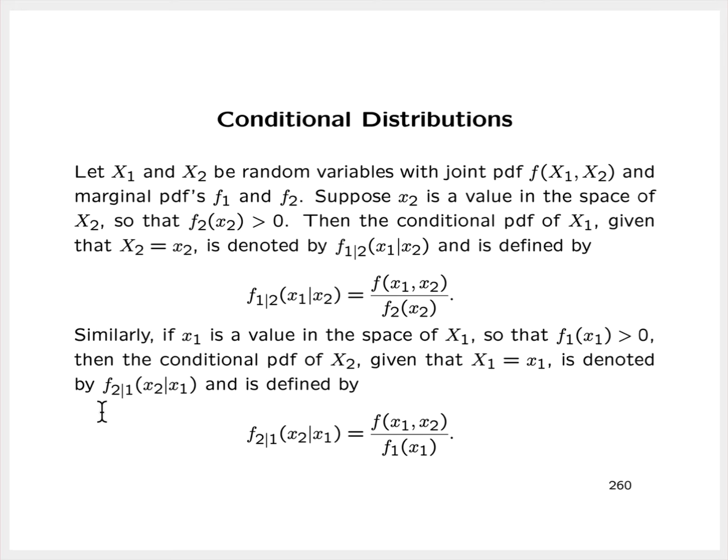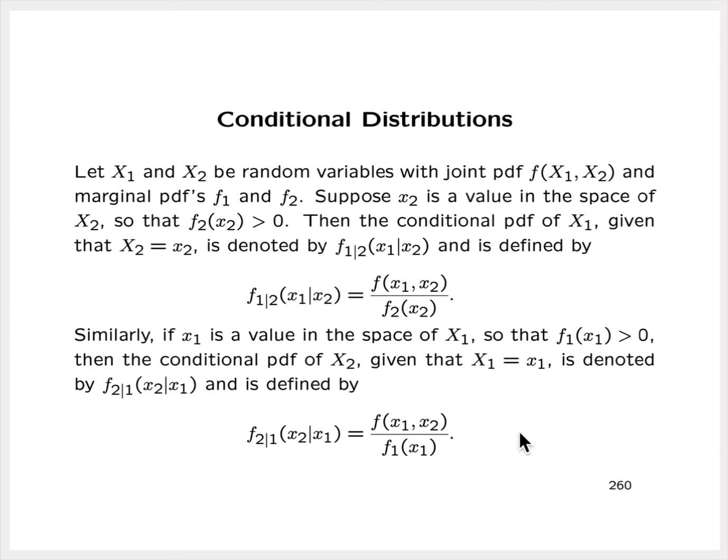So again, we are using the lowercase f, and then we have a 2 vertical bar 1, so this represents the conditional PDF of the second variable given the value of the first. And we have an analogous notation here in the argument list. So the argument to this function would be x2, and then we are given the value of x1.